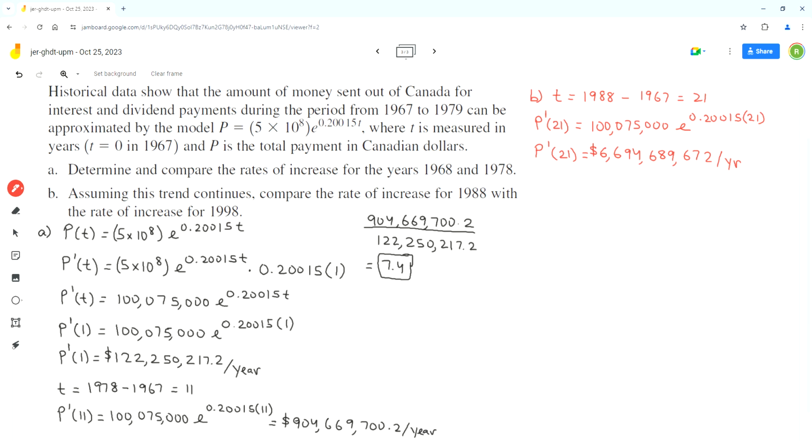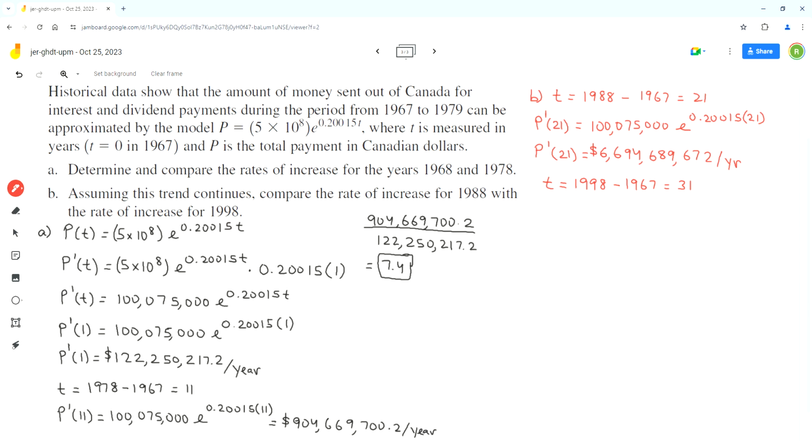Now we can do this calculation for 1998. First we'll calculate the t value for 1998, which is equal to 31.